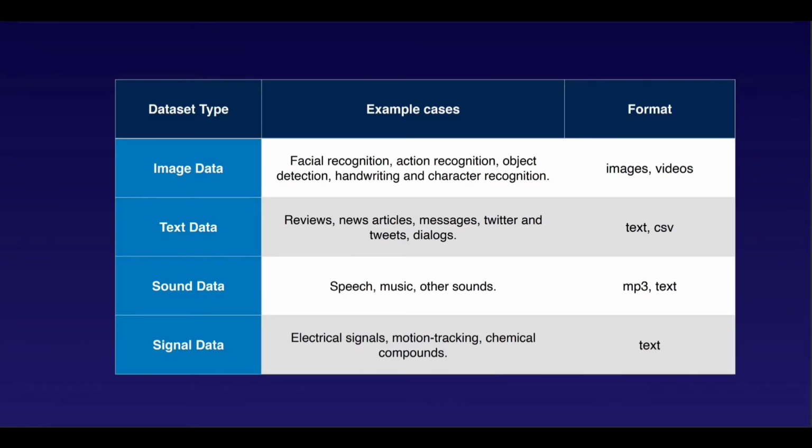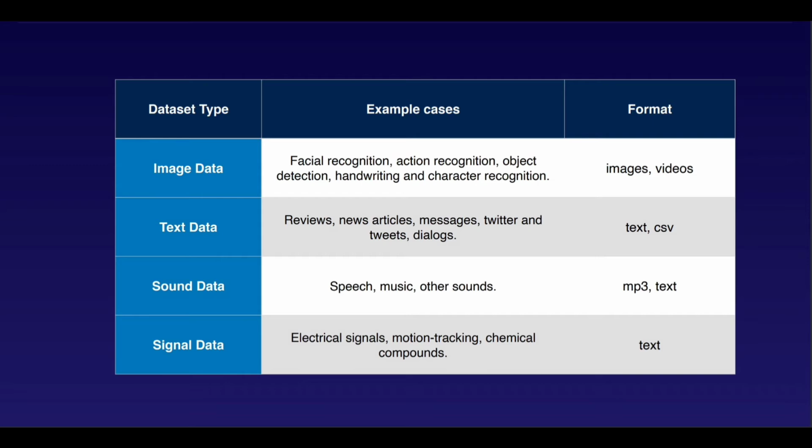So, for a quick summary, let's just discuss some different dataset examples that we might find in machine learning in general, and we talked about how we could use image data for things like facial recognition, action recognition, and object detection, handwritten and character recognition.